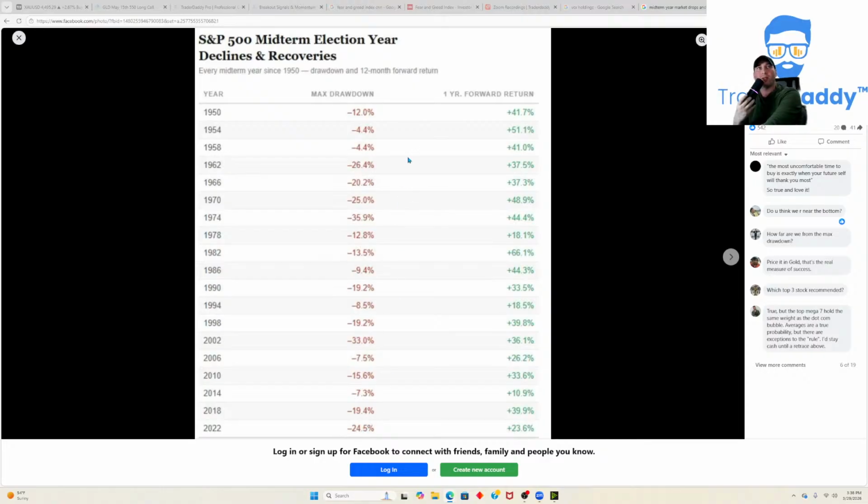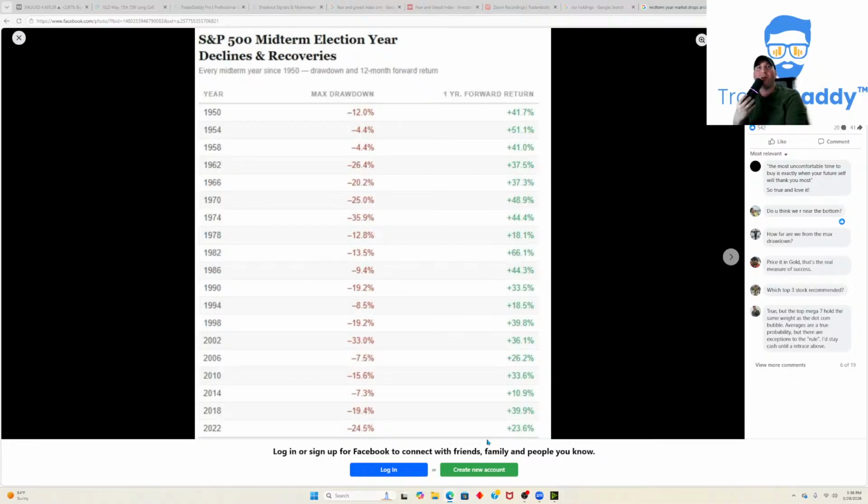But I keep going back to this chart because it is so interesting to me. Every midterm election since 1950, we've always had a max drawdown, and then we've always had a forward one-year return of double digits every single time. The lowest was 2014, and that was 11%.